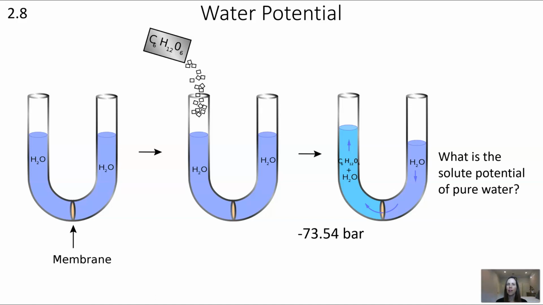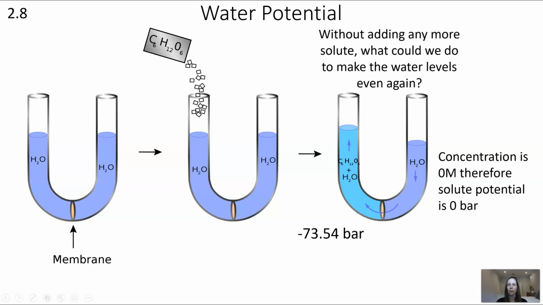So the solute concentration of pure water is 0, which means that C value in that equation is going to be 0. And if we multiply anything by 0, we get 0, which means that the solute potential of pure water is 0. Okay, so now we can look at this and say the concentration of pure water is 0, and therefore the solute potential is 0 bar.